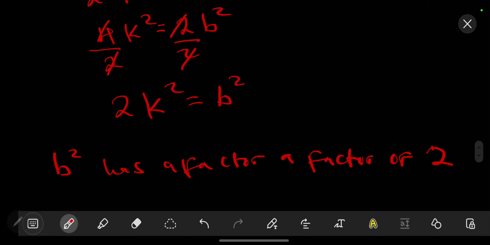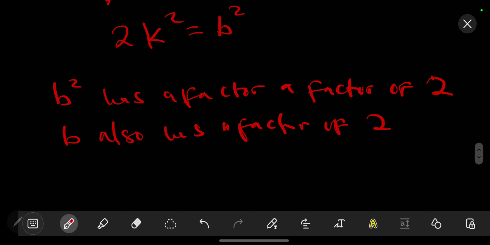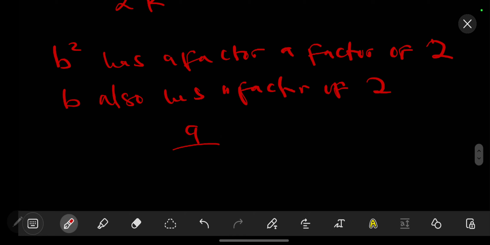That means that even the singular b also has a factor of 2, like that. Therefore, remember, your a and b have got common factors of 2. That is why I was saying that a over b should not have any number in common.